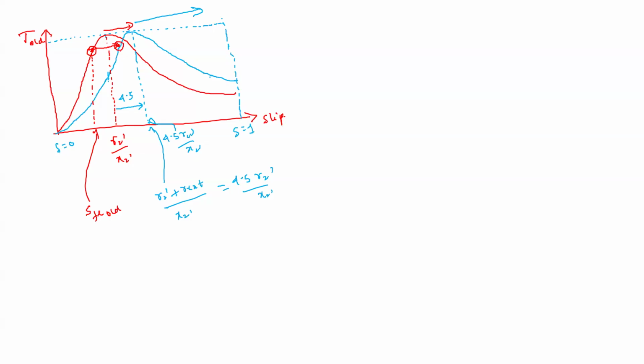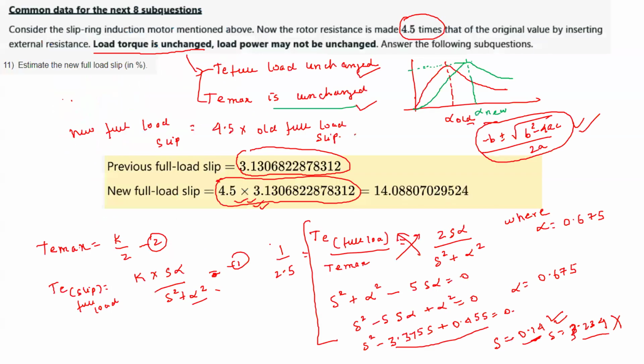So what will happen is that this SFL new will be 4.5 times SFL old. It's very interesting, it will save you a lot of time if you understand it like this. You can do all this solution and you will get the same answer.